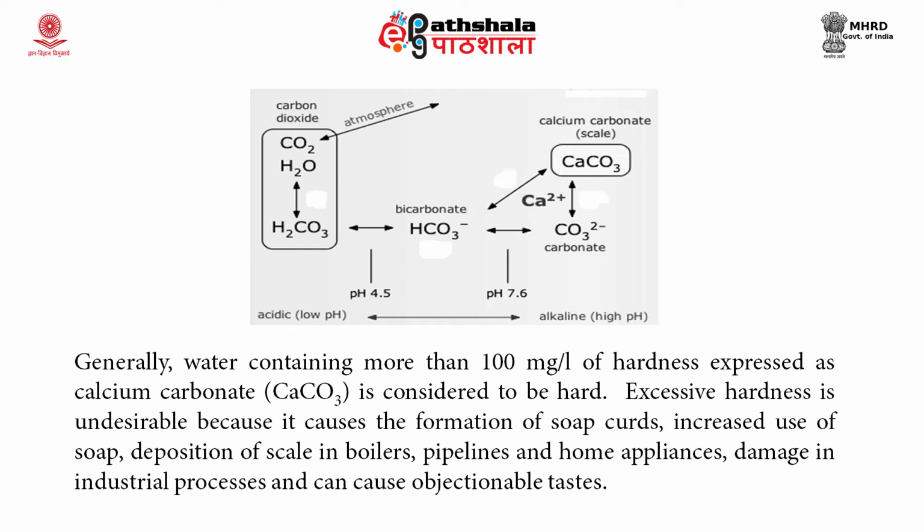At the low pH, towards the acidic pH, that is at around 4.5 pH, the bicarbonate ions predominate and it will result in the formation of the carbonic acid, and toward the alkaline pH the formation of the carbonate ions is favored, which will precipitate out along with the calcium to form the calcium carbonate, which gets deposited as a scale on the pipes.